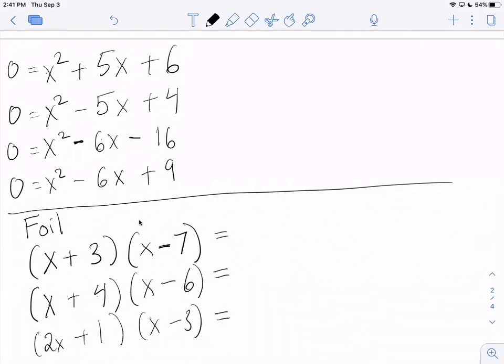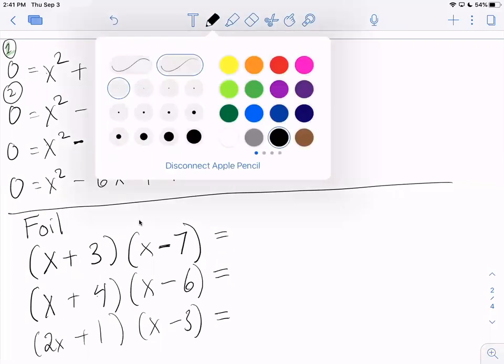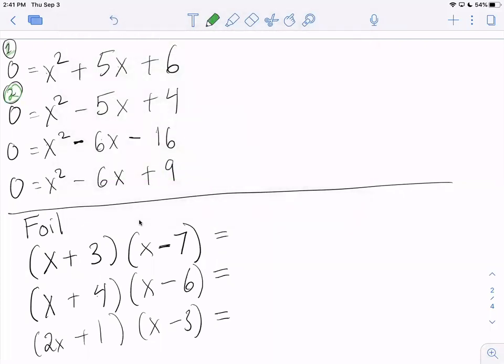This will be number 1, number 2, 3, 4, 5, 6, 7. So please start with the FOIL and then go to the factoring ones.